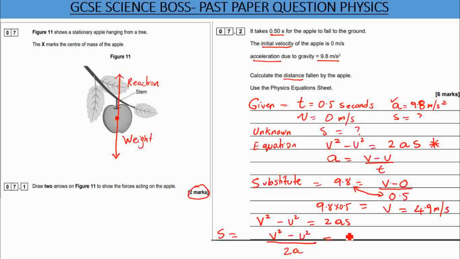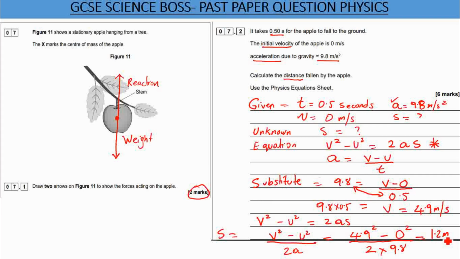Okay, so do we have V? Of course we do. We just found that. So that's going to be 4.9 squared minus 0 squared all divided by 2 times the acceleration, which is 9.8. Okay, and if you've done all of that calculation correctly, that should give you 1.2 meters.